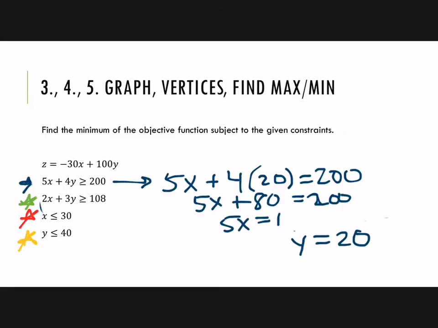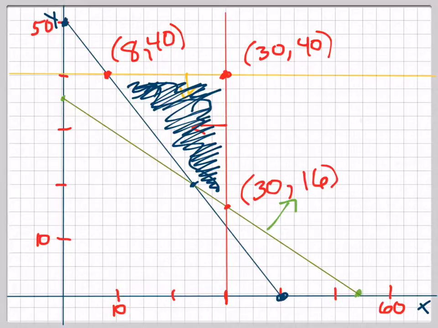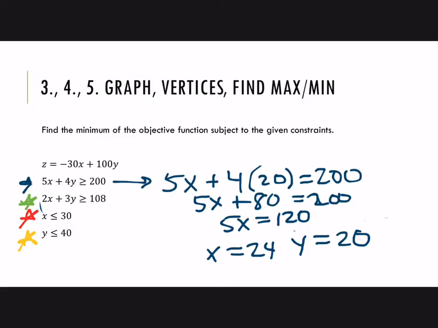Okay, 5x equals 120. And divide by 5, x equals 24. So the point is (24, 20). All right, there we have it, the 4 vertices for that feasible region.